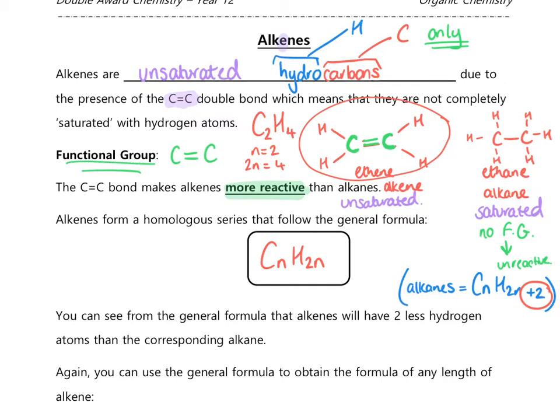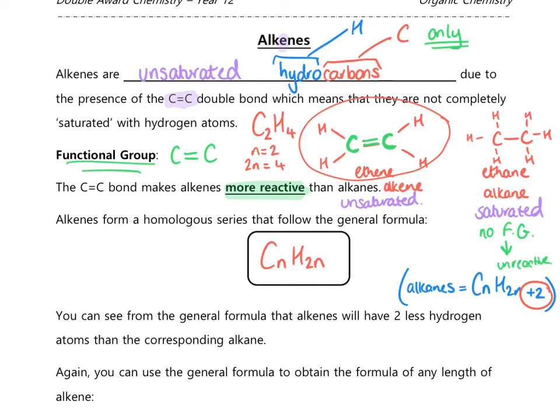And that's because, again, these alkenes are unsaturated. Because of the double bond, there's not as much room for hydrogens. And so as a result, we lose a total of 2 hydrogens per molecule, essentially. So an alkene will have 2 less hydrogens than the corresponding alkane.